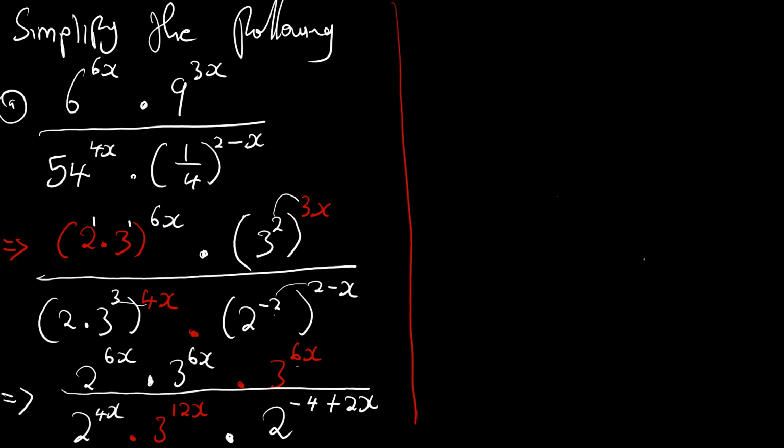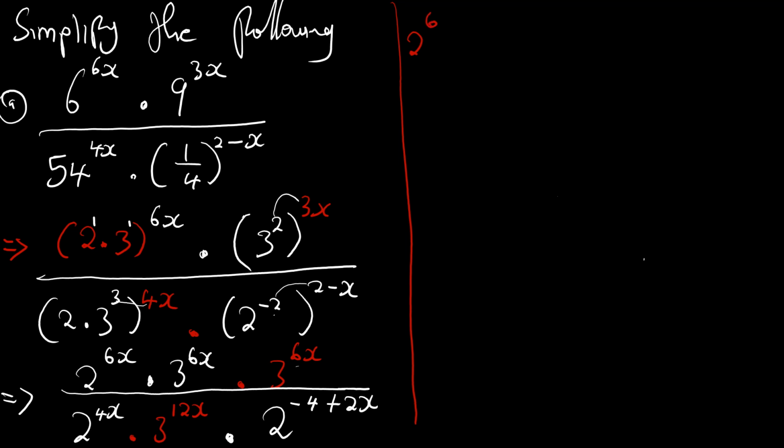So now we're going to apply again the rules of exponent. We know that when we are multiplying something that has the same base, we add the exponent, and when we are dividing something that has the same base, we subtract the exponent. So here our base, if you can check, is 2 and 3 only. Let me copy that base of 2.